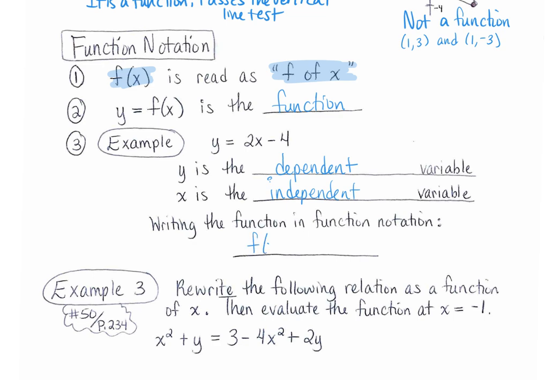F of x. Continue. Equals what? No. We're rewriting this in function notation. Good. 2x minus 4. So f of x equals 2x minus 4. That's using function notation.